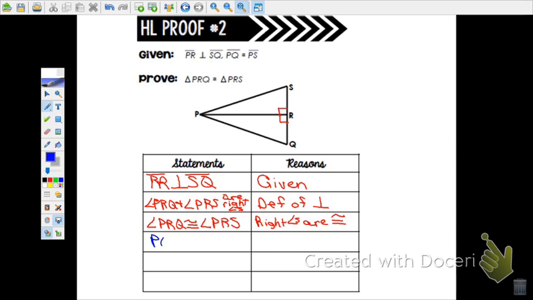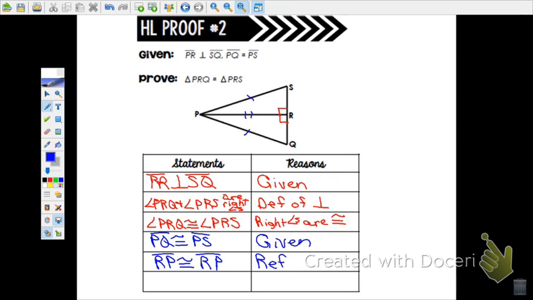Now we can say PQ is congruent to PS. That's our other given. Then we would have our shared side: PR, or RP, is congruent to itself.